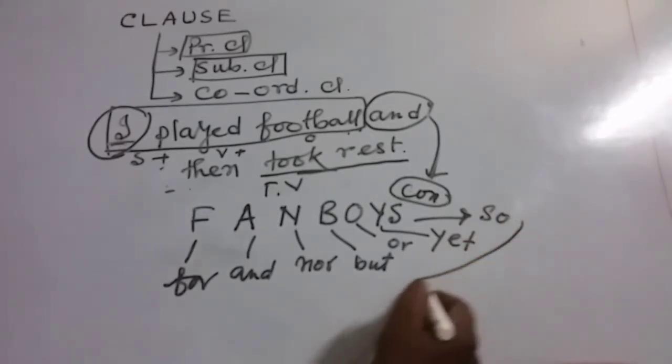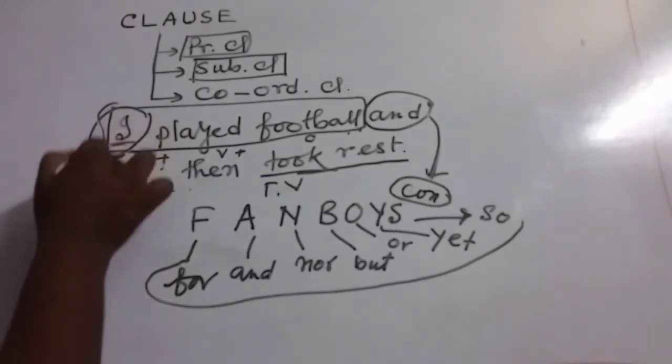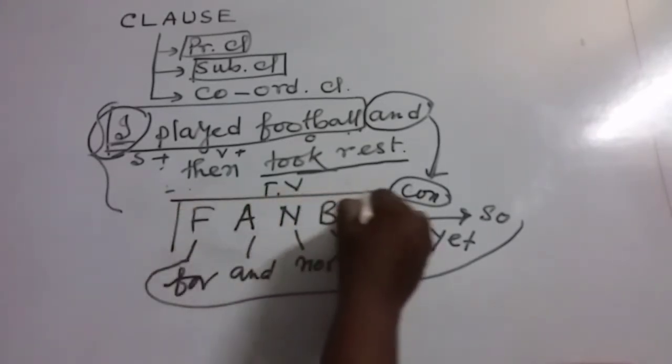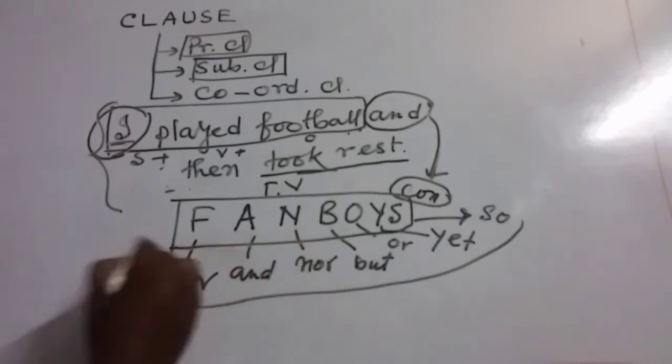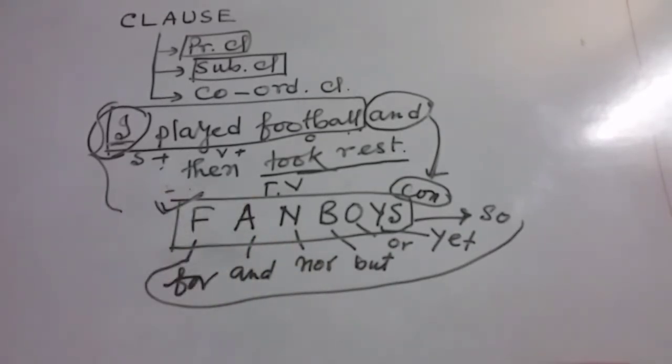My dear friends, these are basically coordinating conjunctions. And whenever we write down these type of compound sentences, we use coordinating conjunctions. For memorizing the coordinating conjunctions, you can remember this acronym, FANBOYS.